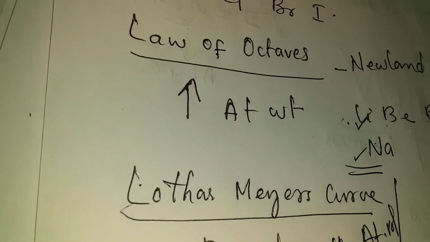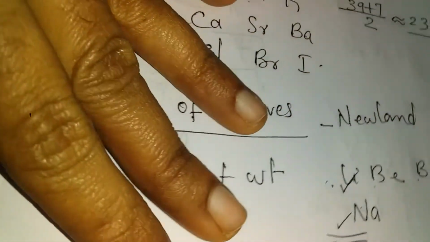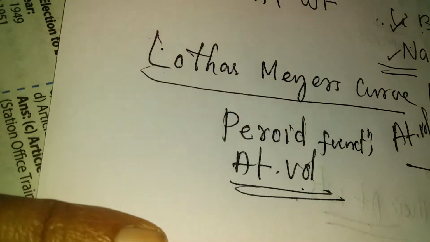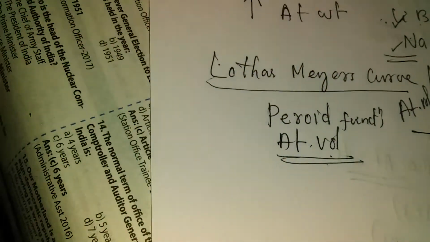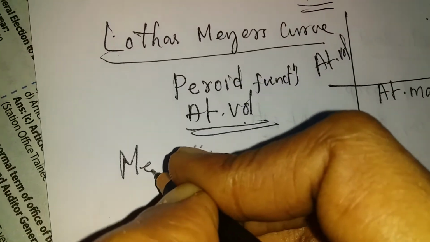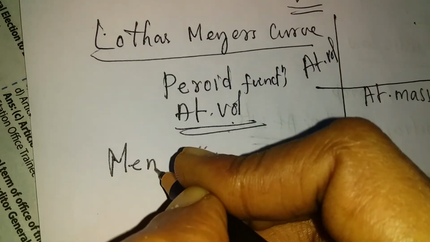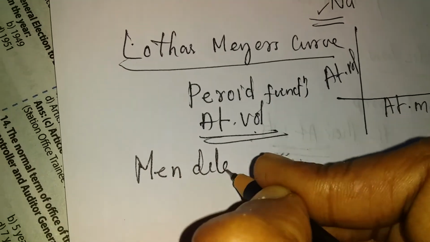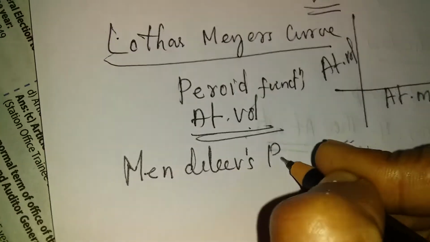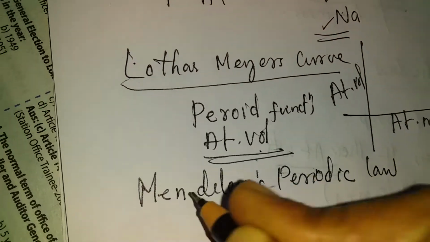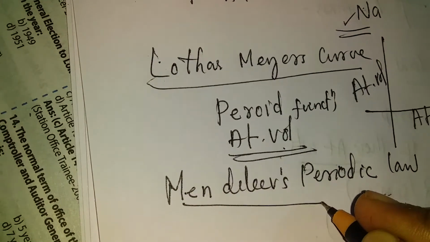Now we are going for an important topic, that is Mendeleev's periodic law. Mendeleev was the first person who published something about the periodic law. Friends, what is Mendeleev's periodic law?